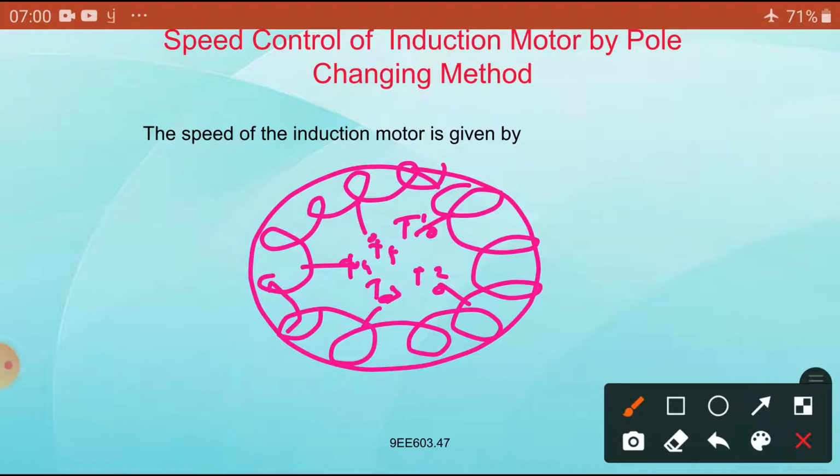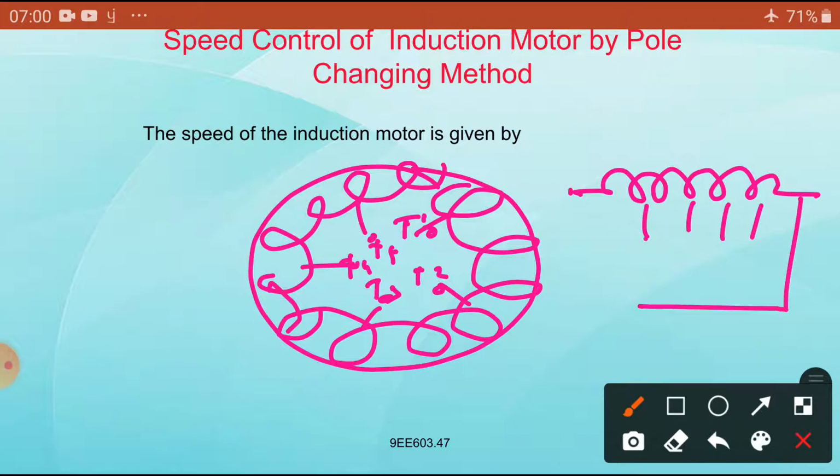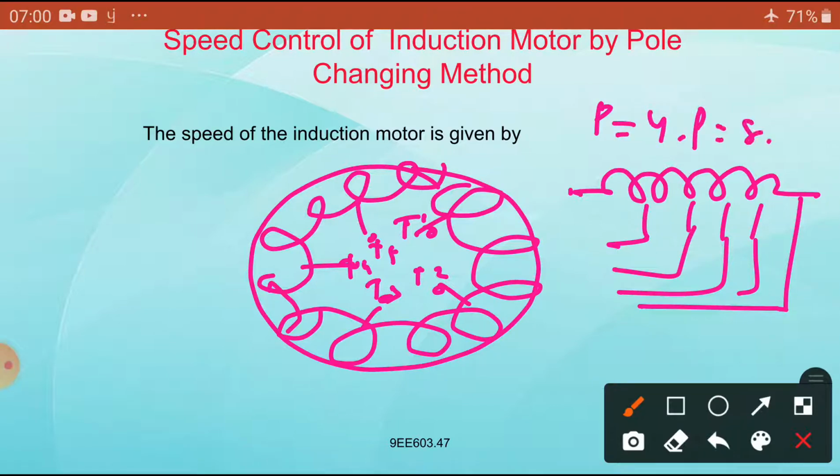So we are connecting the terminals here, and from these terminals we form the poles. This winding may be a P is equal to 4 pole machine, P is equal to 8 pole machine, or P is equal to 16 pole machine. We can do this by the series parallel connection of this winding. That is known as the consequent pole changing method.